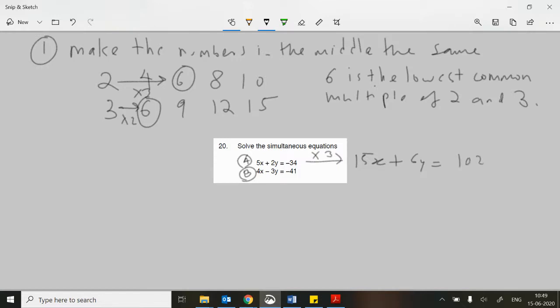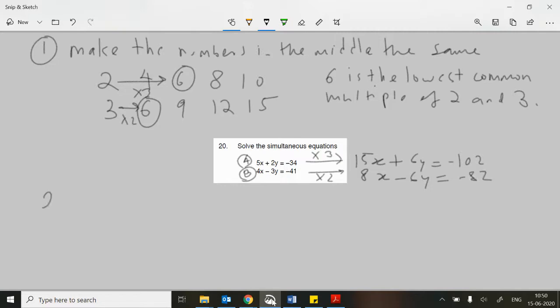So we've got minus 102 there. And this one, times the 3 by 2, get to 6. So now we'll times that one by 2 as well. And so we're getting 8x minus 6y equals, times by 2, we're getting minus 82.